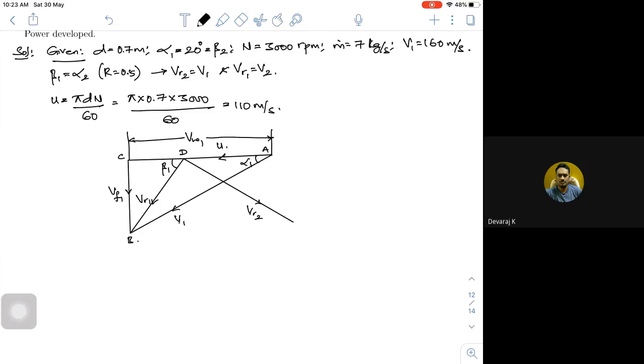Then close the triangle. So, this will be your V2, and I can draw the horizontal component, that is the tangential component, and the vertical component to that.